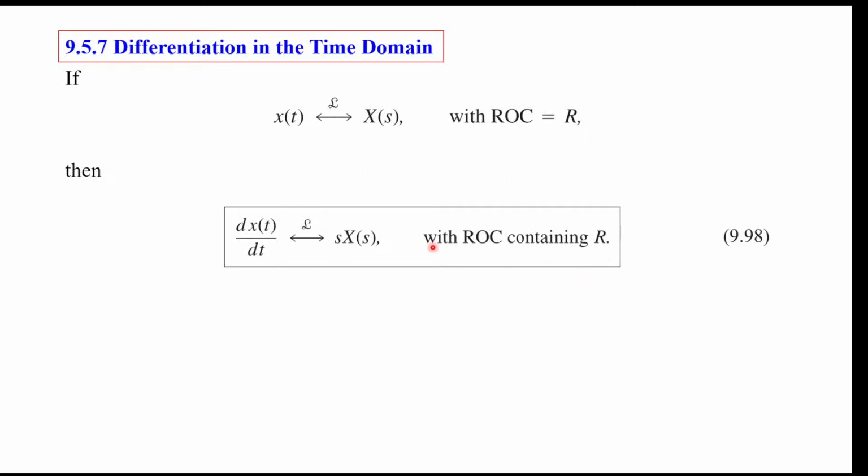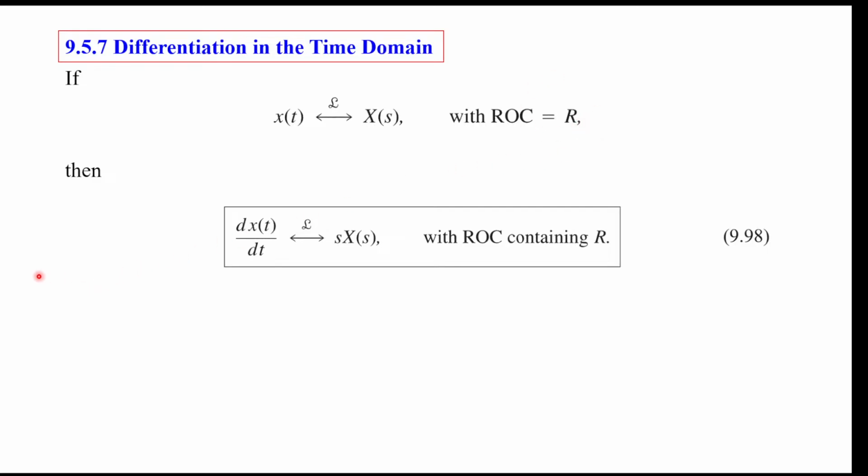And the ROC is once again something containing R, so basically R, but having the factor S here can change the ROC. And does anyone want to answer whether multiplying by S might change the ROC of this thing? In what case will we get a larger ROC than R?